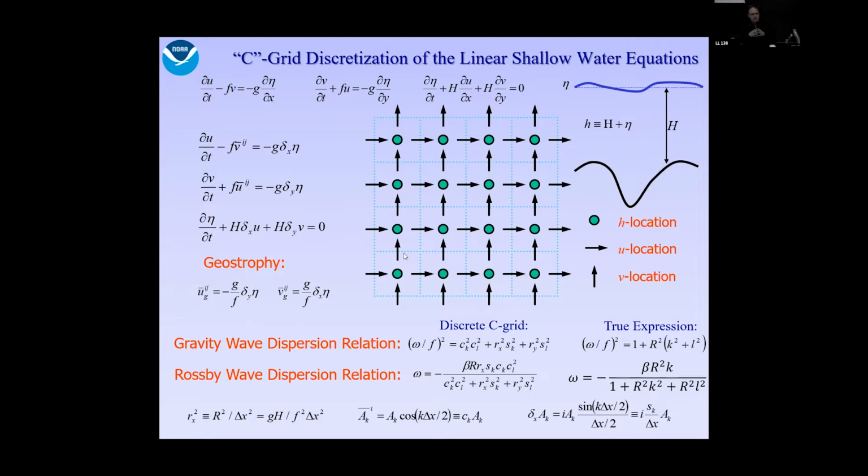So you don't have geostrophic balance for the 2 delta X motions. They can simply radiate away. And that also shows up in terms of the Rossby wave dispersion relation, where there are some distortions at the grid scale.